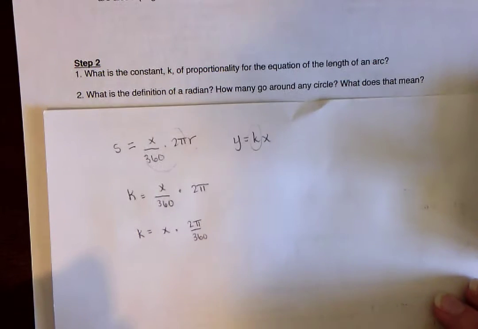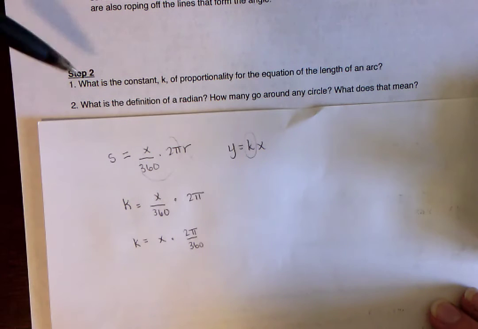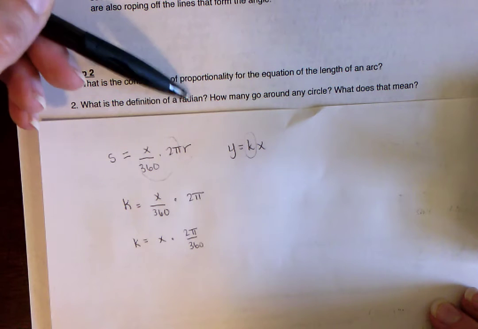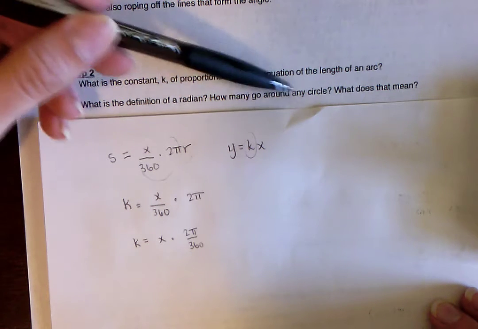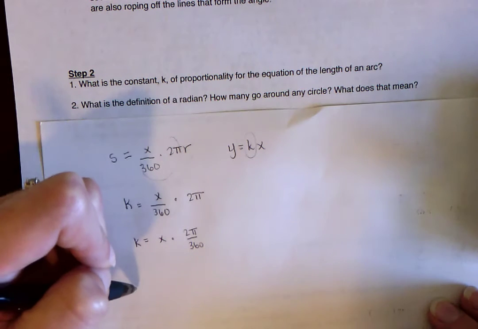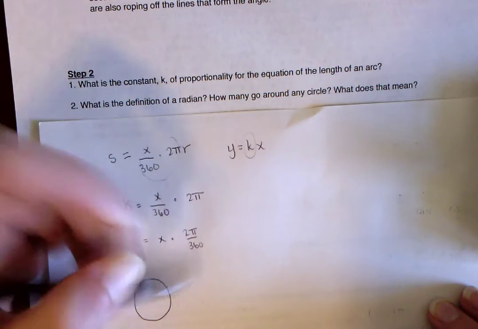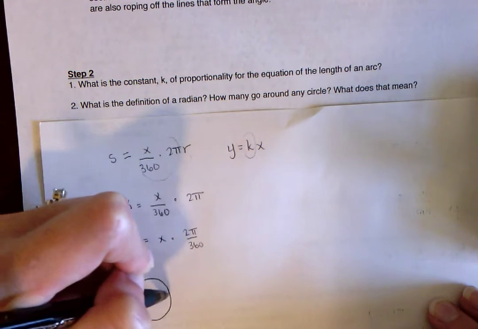Okay? So then I ask on here, the next question, what is the definition of a radian? And how many go around any circle, and what does that mean? So if you think about what a radian is, it's an angle that's formed by taking the length of the radius and wrapping it around the edge of the circle. So if I were to draw a picture of that, let's say here's my radius.